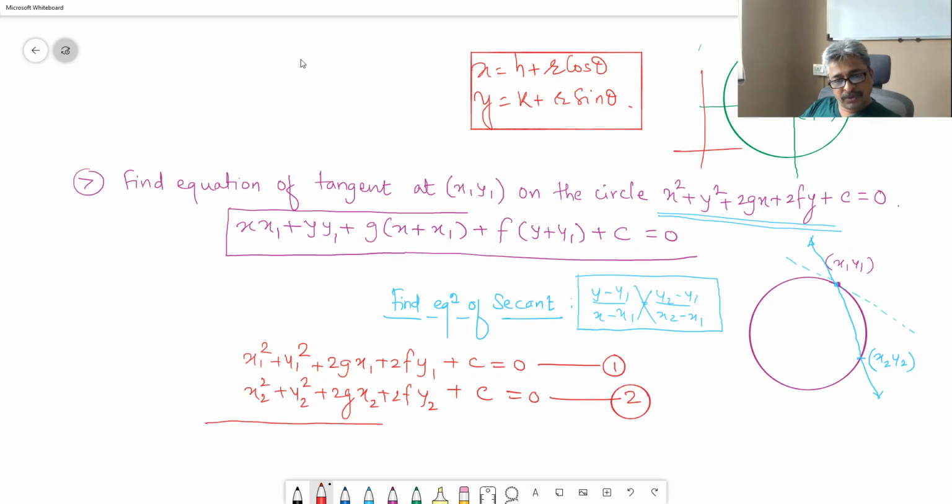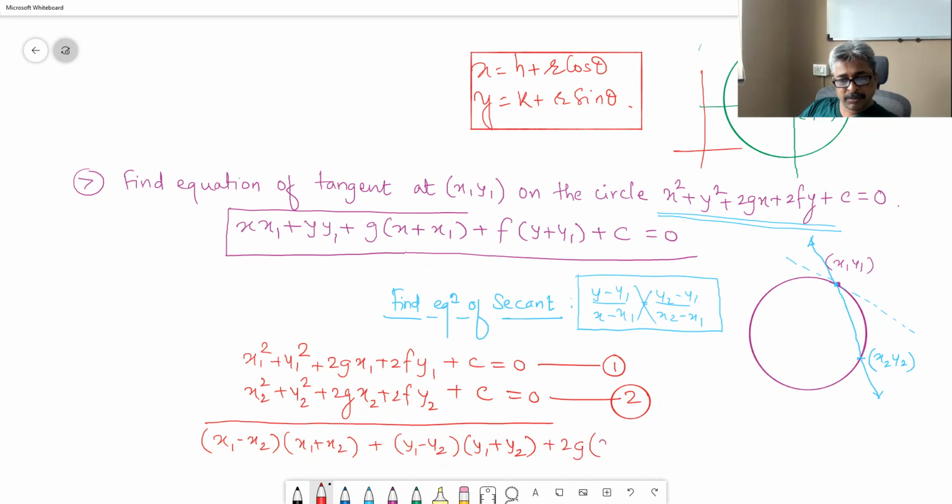And then what we should do is subtract. Then we will get (x1 minus x2) times (x1 plus x2), that is x1 square minus x2 square, plus (y1 minus y2) times (y1 plus y2), correct?